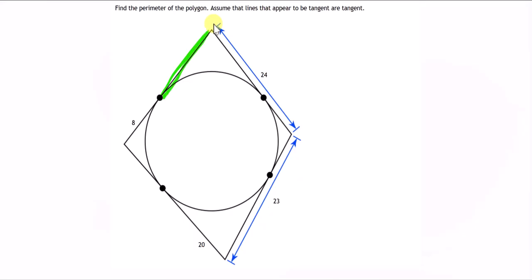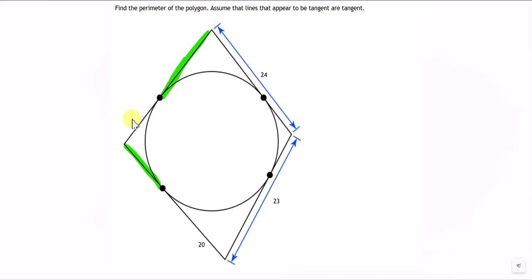We don't know this amount, and also we don't know this one too, because to find the perimeter of the polygon you just have to add all the lengths of all the 4 sides of the polygon, then you will get the perimeter.